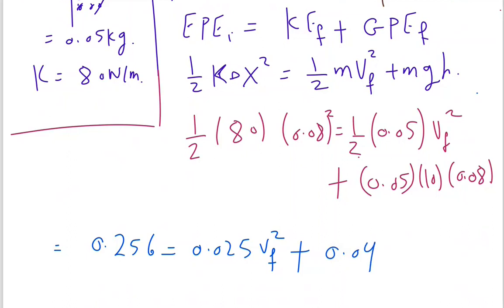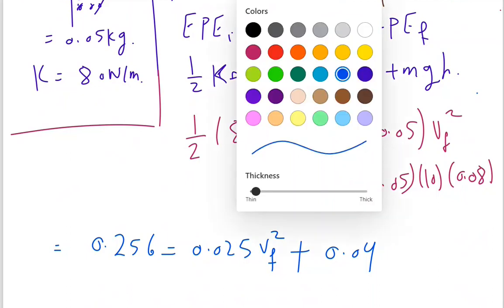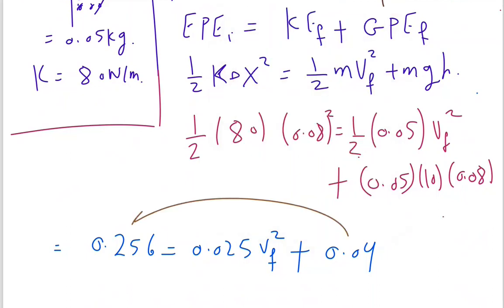Now we'll keep the numbers alone on one side and the variable on the other side. So I will take this number to the other side. Here I have positive, so when it goes here, it will become negative 0.04.